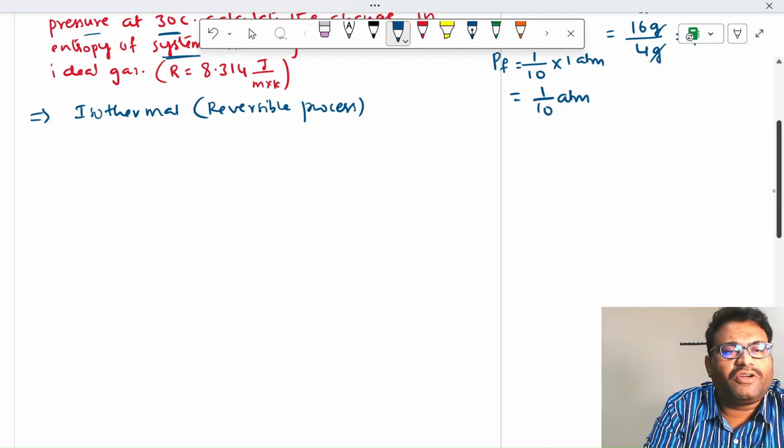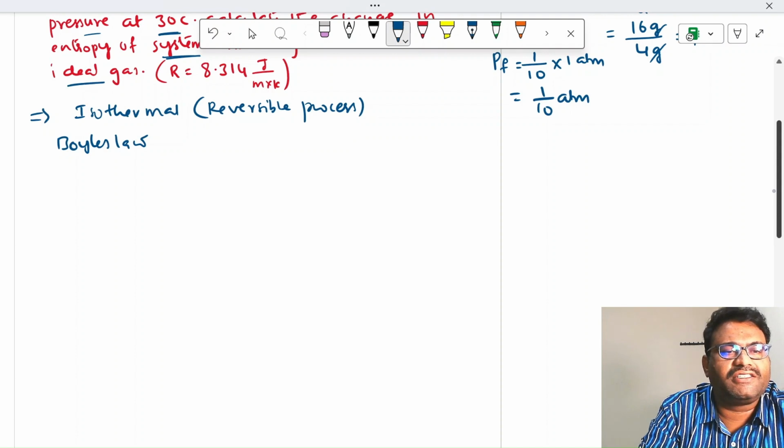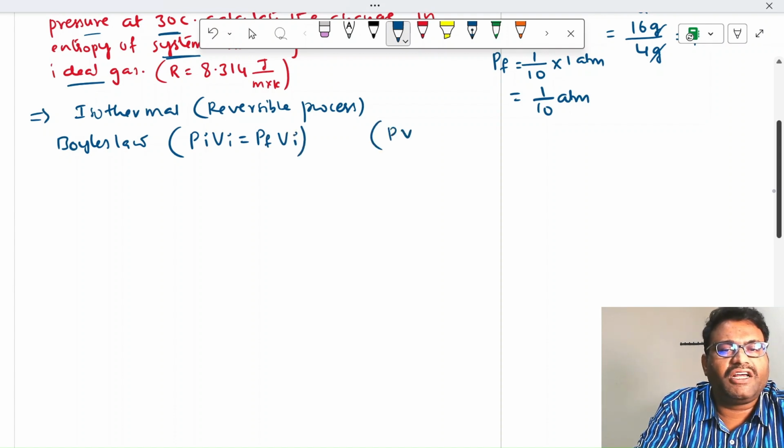In isothermal process, from Boyle's law, already it is mentioned that you have to assume that helium gas is ideal gas. Boyle's law is applicable for ideal gas. We know that P initial V initial is equal to P final V final, because from Boyle's law at constant temperature PV is equal to constant, we have studied.